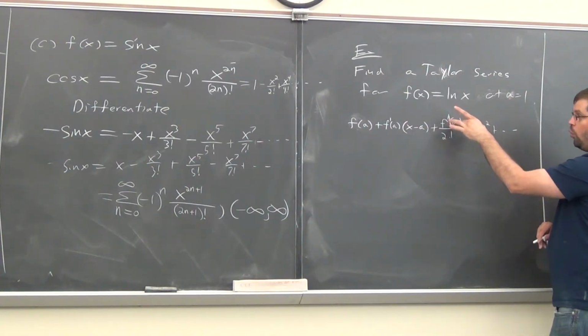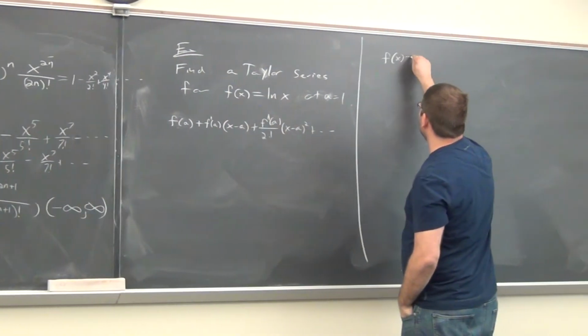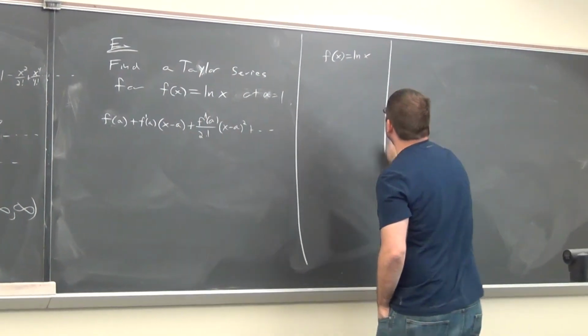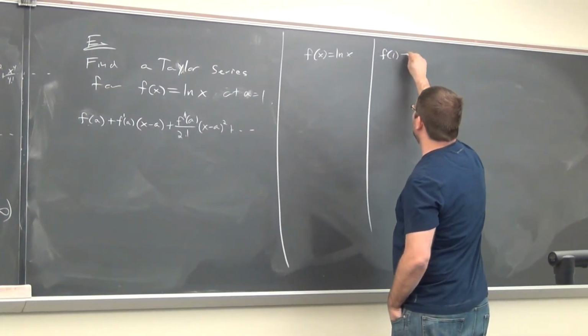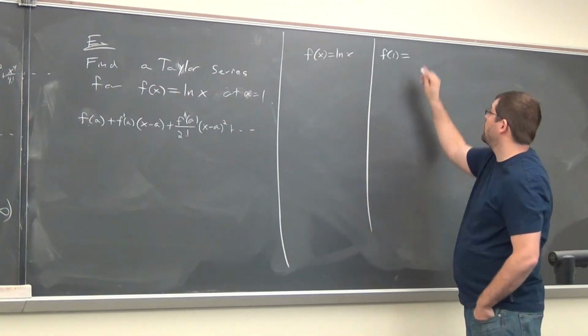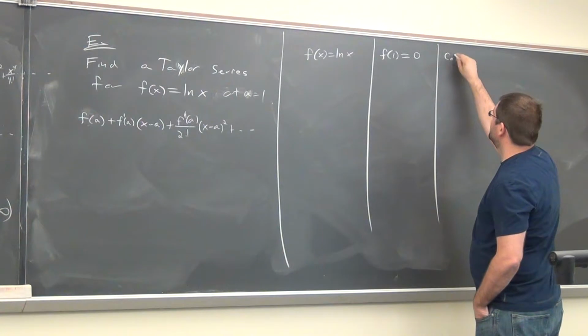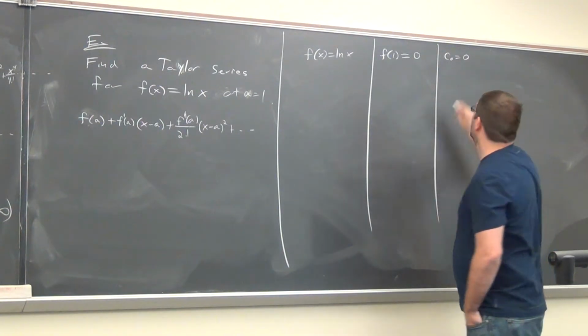And then we'll plug in 1 into our function each time. So it's the same idea. This time we're plugging 1 in, what do we get? f of 1? 0. And so your c0 is 0, right?